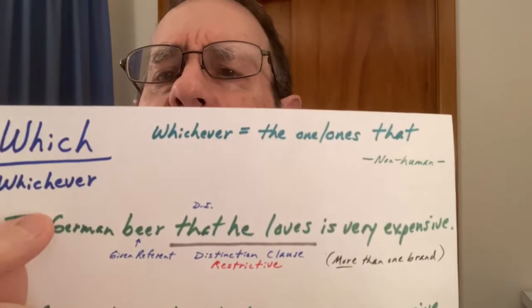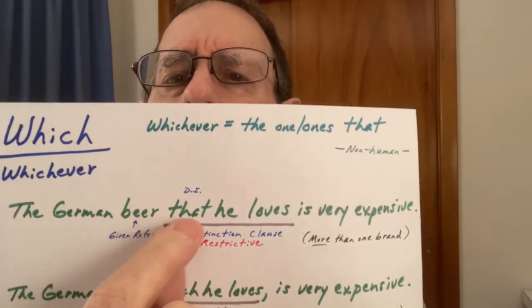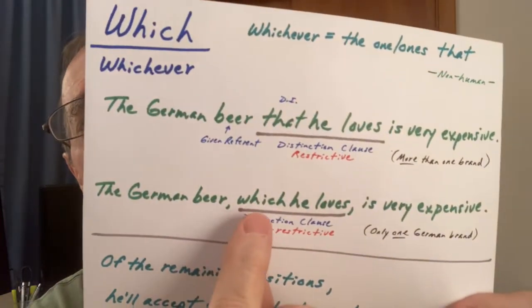In the first sentence, the German beer that he loves, what you're implying is there's probably more than one brand of German beer. Now, in the other sentence, which he loves, you have only one brand of German beer.